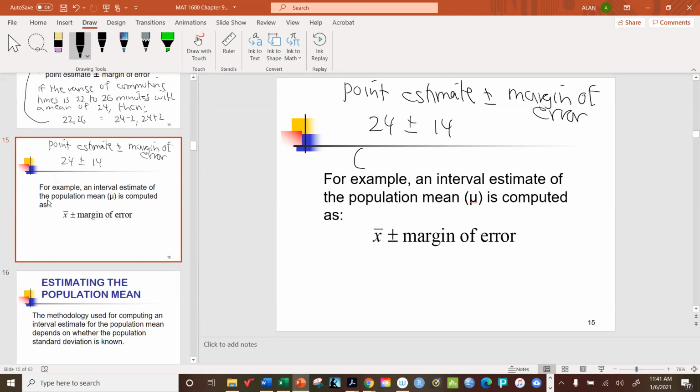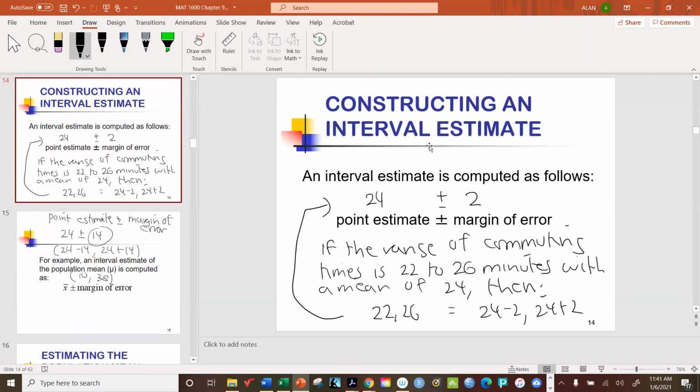That provides us with an interval of 24 minus 14, comma, 24 plus 14, which is how we ended up with 10, comma 38. So that's the key detail. The margin of error in the second case is much, much higher because of all the variation. In the first case there's no such variation, so the margin of error is very low. It's only 2.